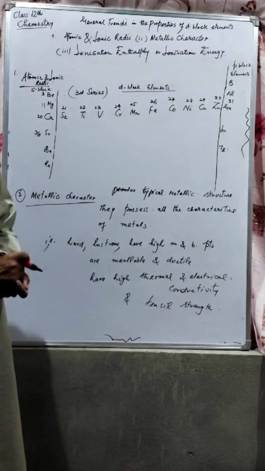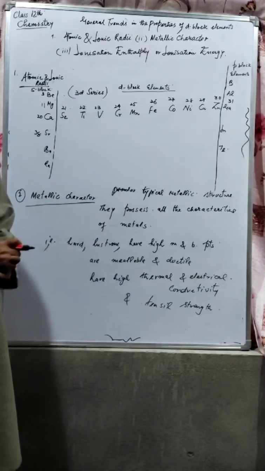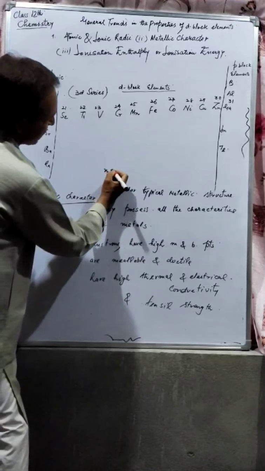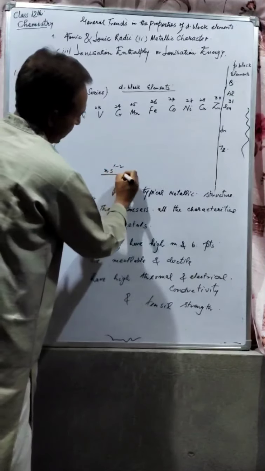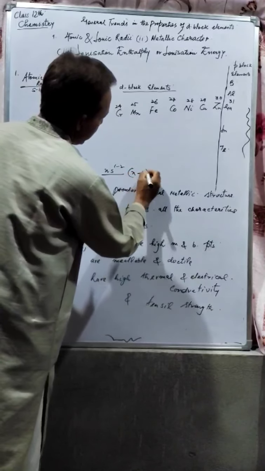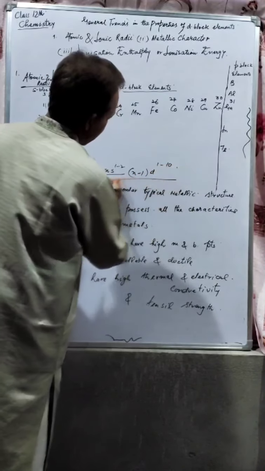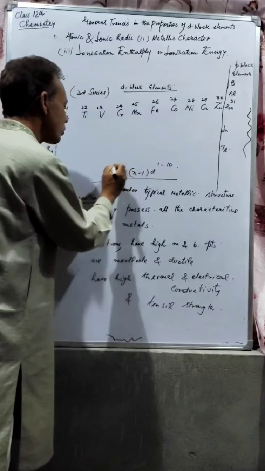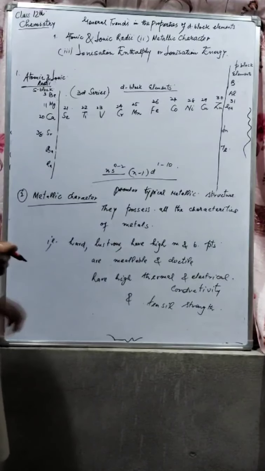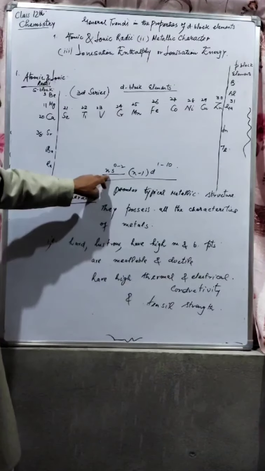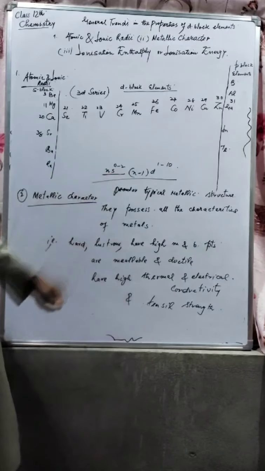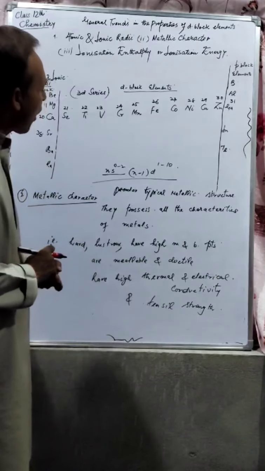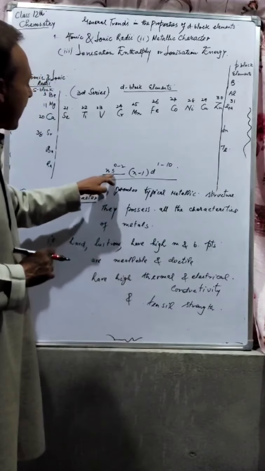It is because their general outer shell electronic configuration is ns1 to 2, (n-1)d1 to 10; sometimes we have 0 to 2. That means their outermost shell electrons are ns electrons, containing either 1 or 2 electrons in the s subshell.